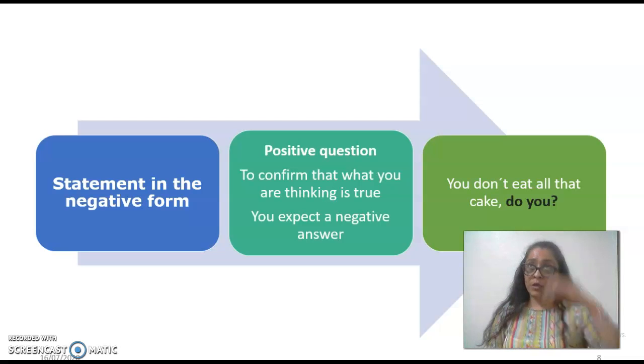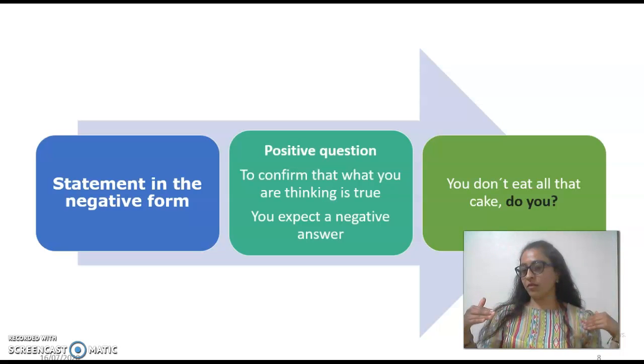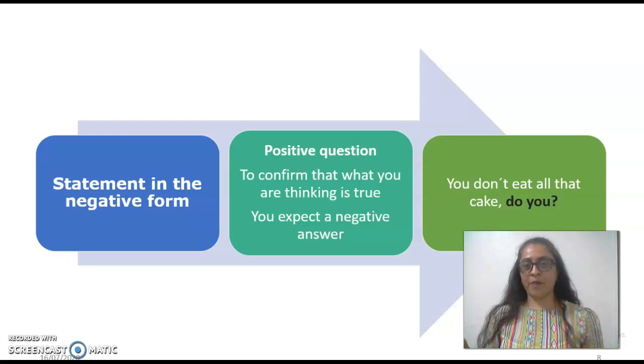So you see, you have the negative statement, and then you construct the tag question, but in a positive form. The theory says that you expect a negative answer. But what if the person actually eats all that cake? You don't eat all that cake, do you?